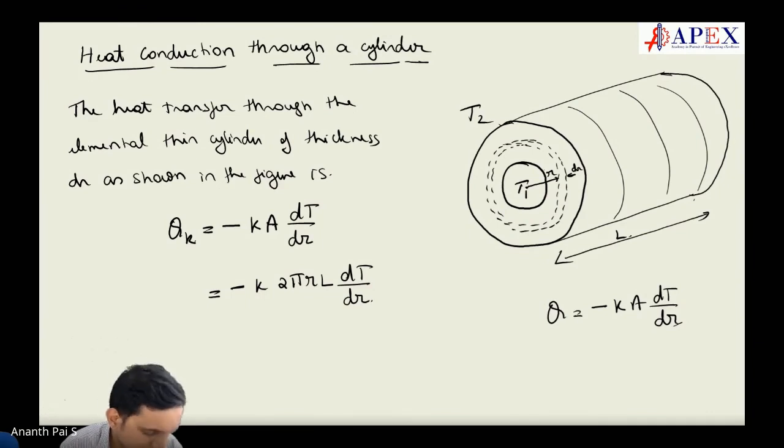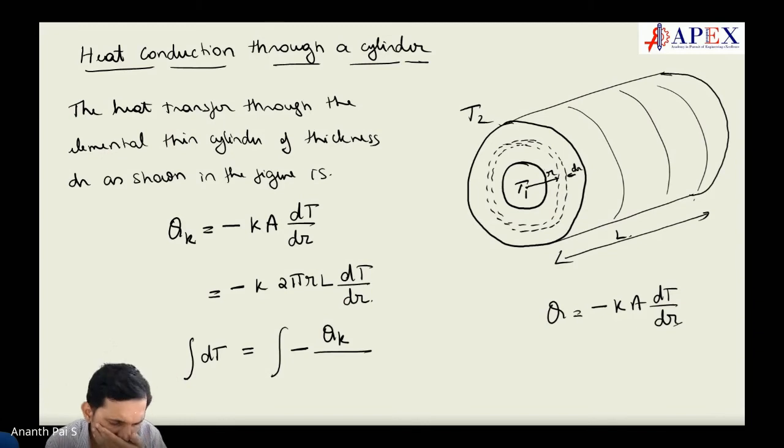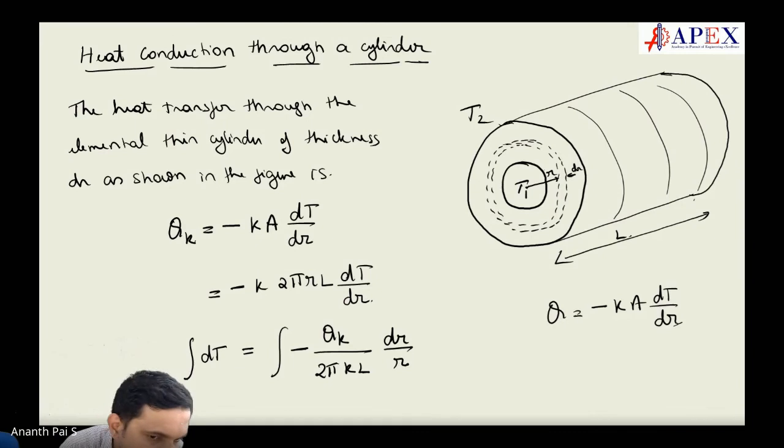So I can say integration of dT is equal to integration of minus Qk divided by 2 pi k L into dr by r. So when you integrate, I will integrate from T1 to T2, and here I will integrate from r1 to r2.